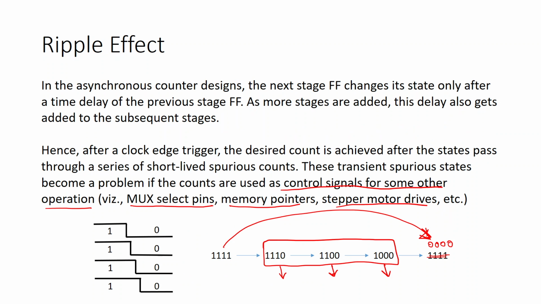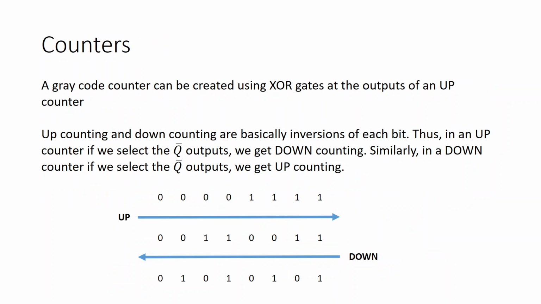That is the reason why we need to go to synchronous counters, and before moving to synchronous counters we will understand a bit about the counting operation in order to construct the synchronous counting circuit.